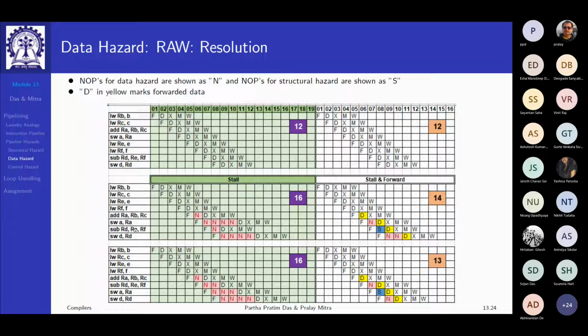So I can push sub up above the store. And once we do that, up to add, there is no difference. But then sub happens and the store now has got an additional cycle. So the store of RA, which was having 4 stalls, now has 3 stalls.